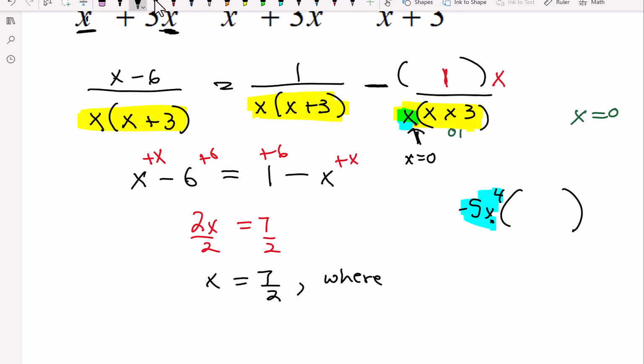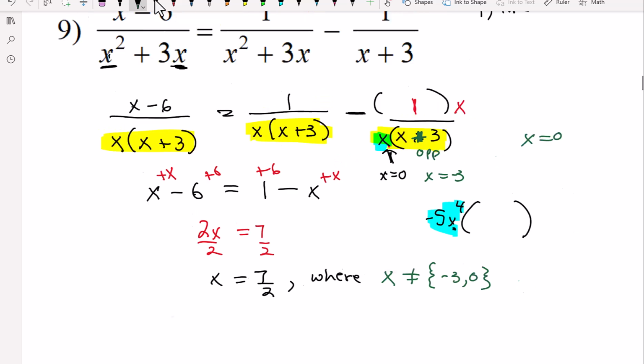And then set this equal to 0. That's supposed to be a plus sign right there. So the opposite of 3, x will equal negative 3. So where x cannot equal negative 3 or 0. That's how you do ones where there's factoring.